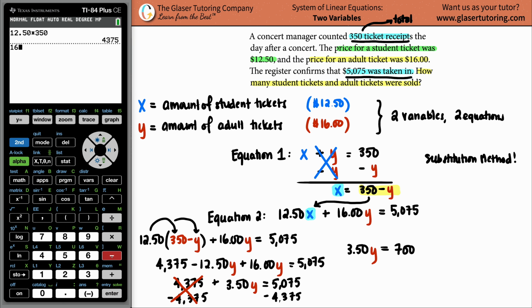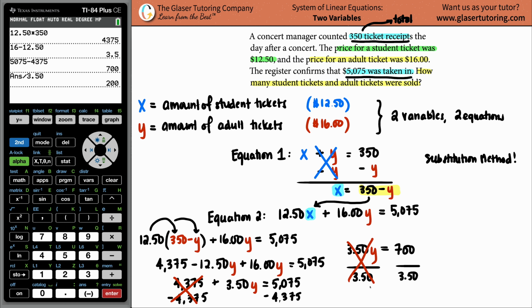We're just going to do 16 minus 1250 just so that I have that number in here. Yep, $3.50. And then 5,075 minus 4,375. Yep. Okay. And let's just divide on both sides by 350. That gets bye-bye. So 700 divided by 350 is 200.